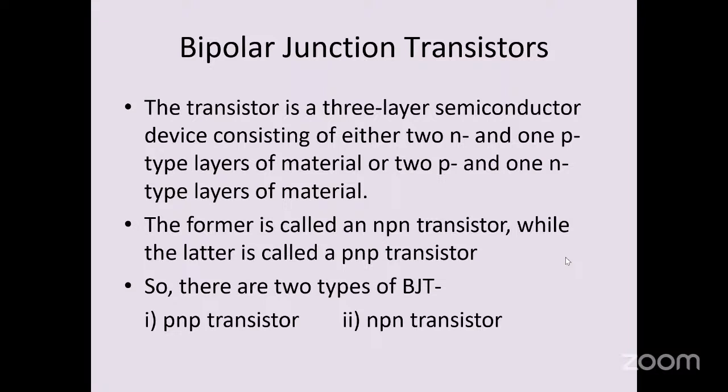Bi means two. Current conduction takes place due to either the positive holes or the negative electrons. That's why you can say the conduction takes place in two ways. That's why it is BJT.